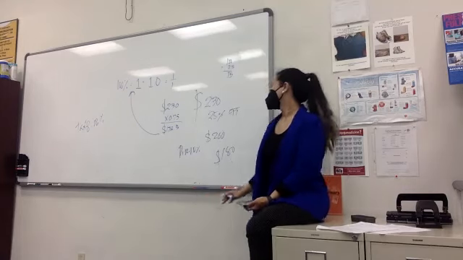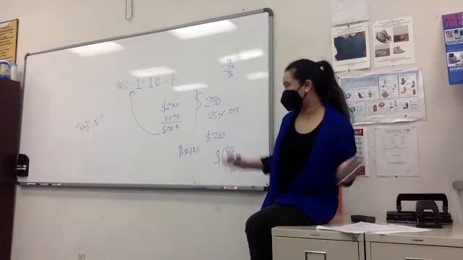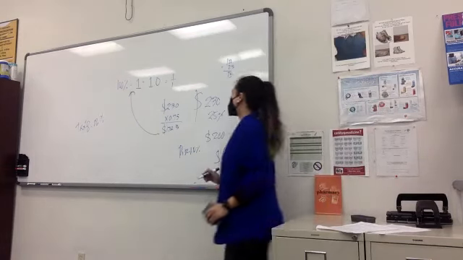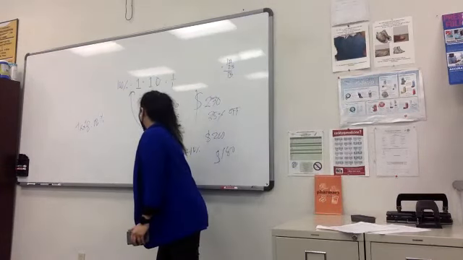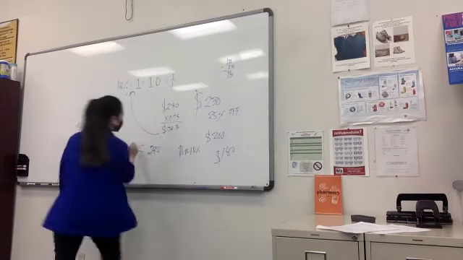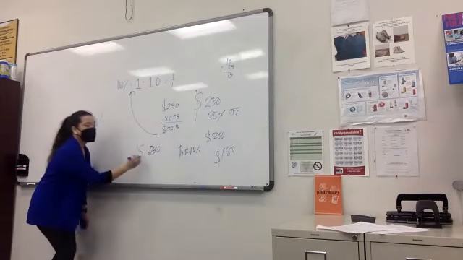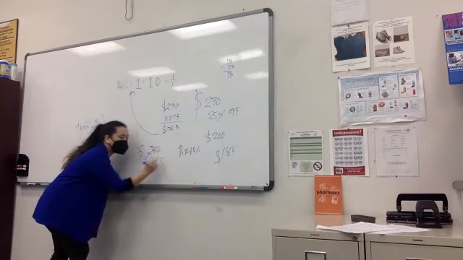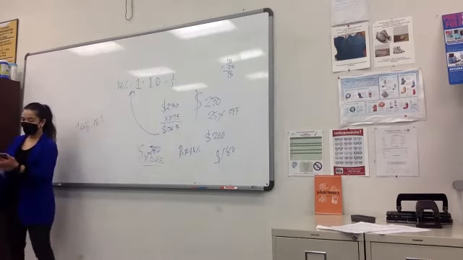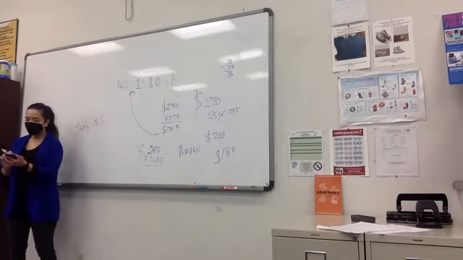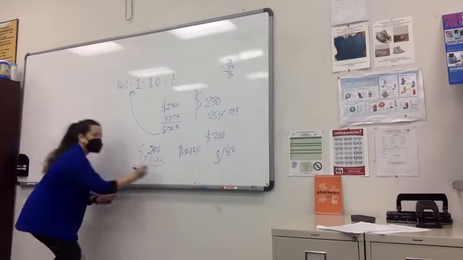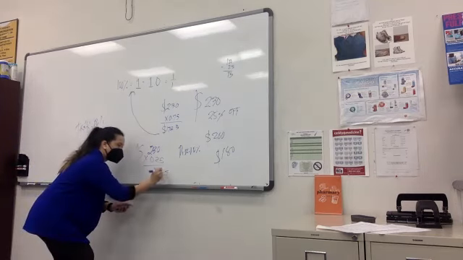Okay. I know most people do it this way. So 230, my original example, they will get 25% of that first, right? 230 times 0.25 is 57.5.